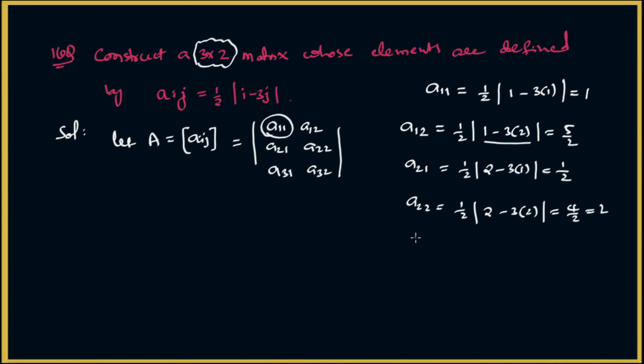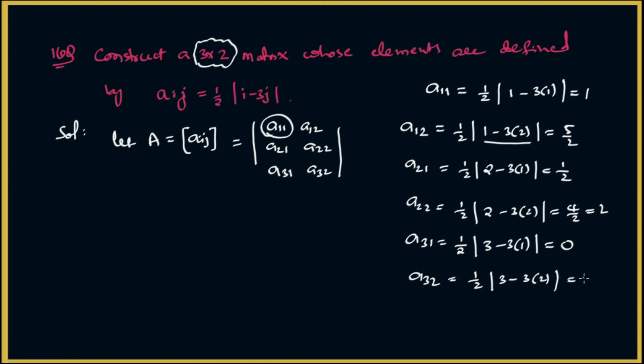And what about 4 by 2? That is 2. Next, a31, third row first column, 1 by 2 mod, now i is 3, 3 times j is 1. So 3 minus 3 is 0. So our element a31 is 0. And finally a32, third row second column, 1 by 2, i value is 3, 3 times j value 2.